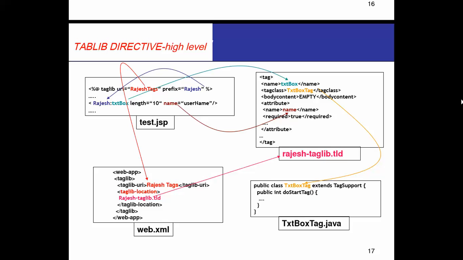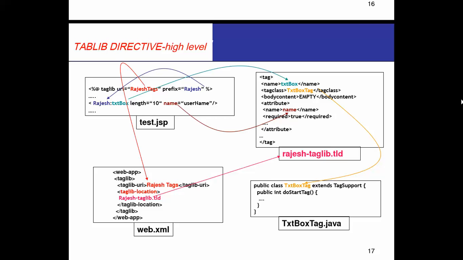I don't have to rewrite all the code again. So TextBoxTag extends TagSupport, public int doStartTag, and we are going to enter the logic there.